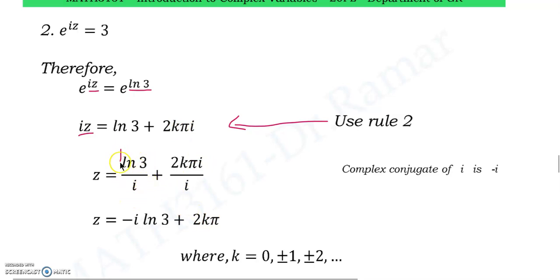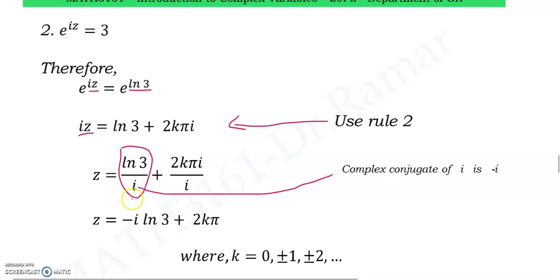Here, as we studied in week 1, if any complex number appears in the denominator, you must take the conjugate of the complex number, then multiply in the numerator and denominator, then simplify it. So the complex conjugate of i is minus i, so you multiply by minus i in the numerator and in the denominator.